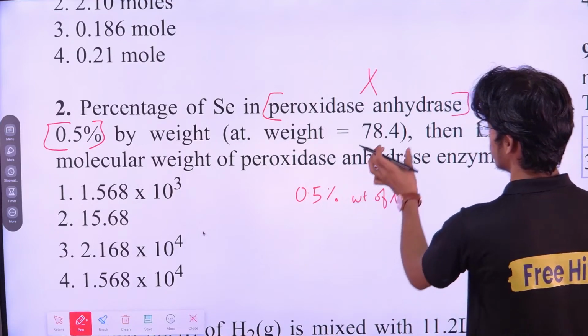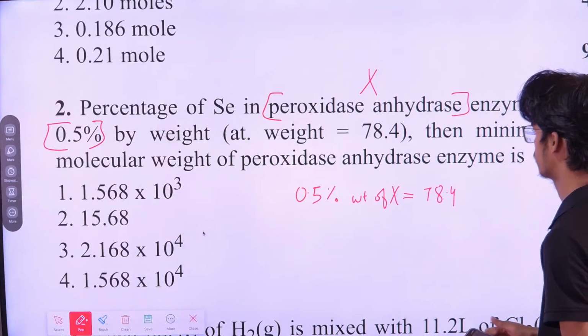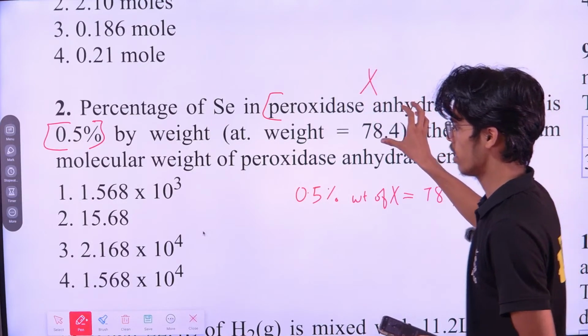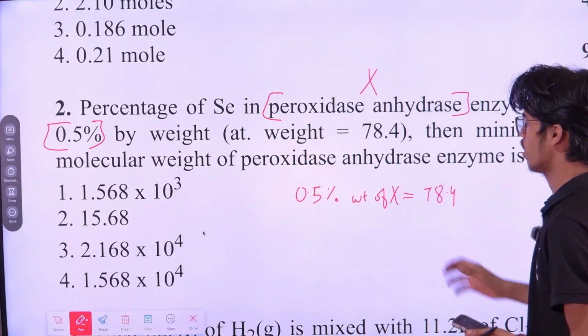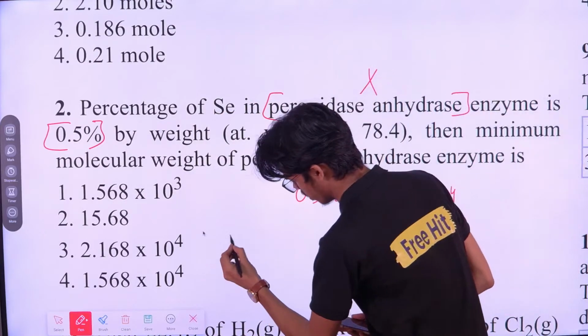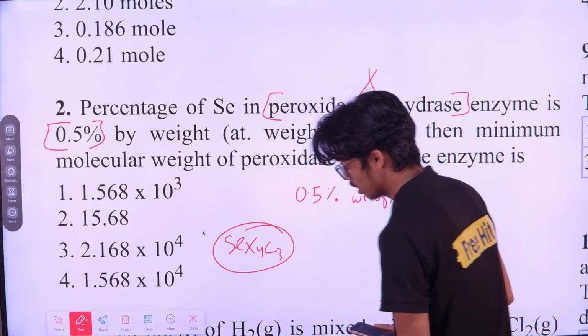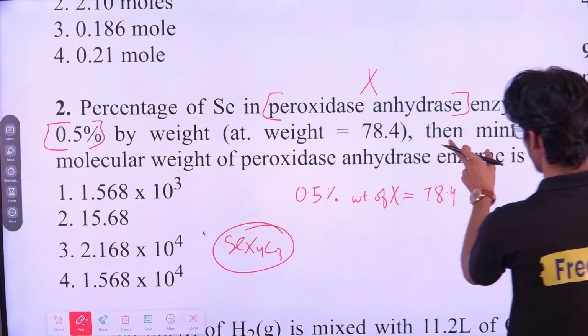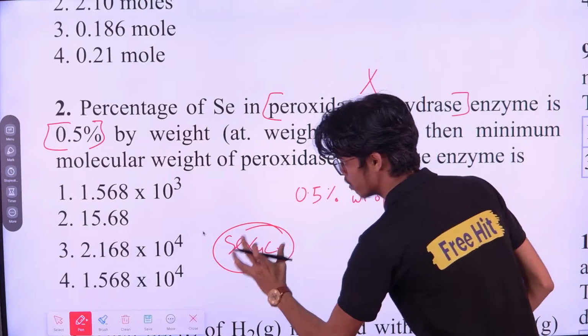Is equal to 78.4. Sir, why 78.4? Remember, we have some compound, and in that compound we have selenium, right? Now, suppose the compound is selenium X43, whatever. Now, I want to get the minimum molecular weight of the peroxidase anhydrase. I want to get the minimum molecular weight.